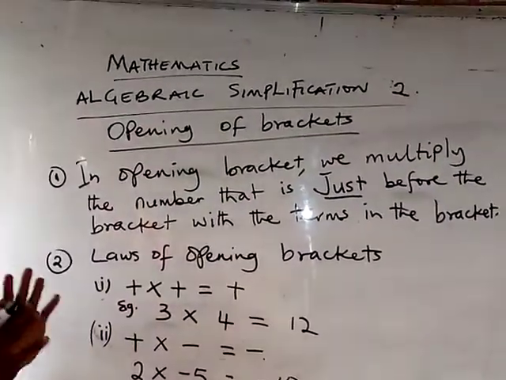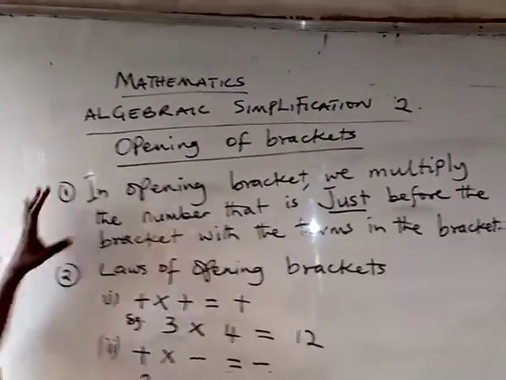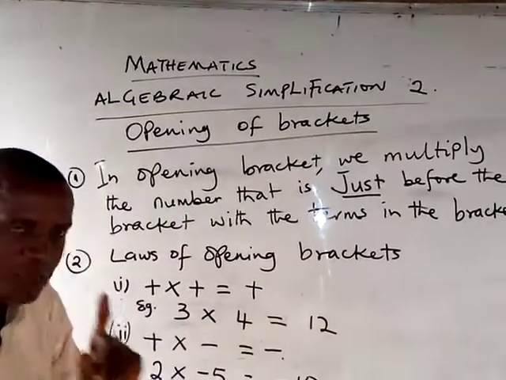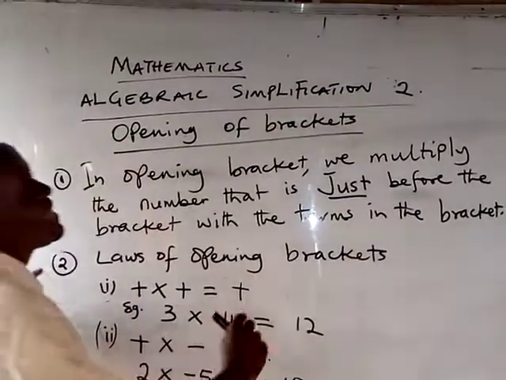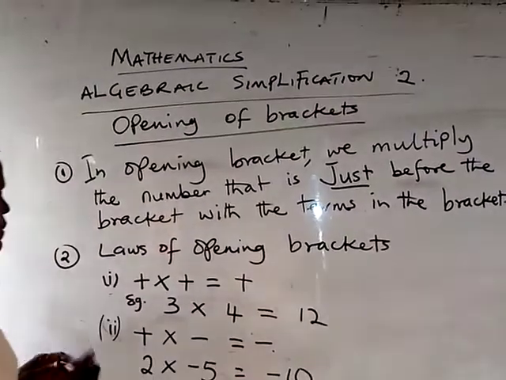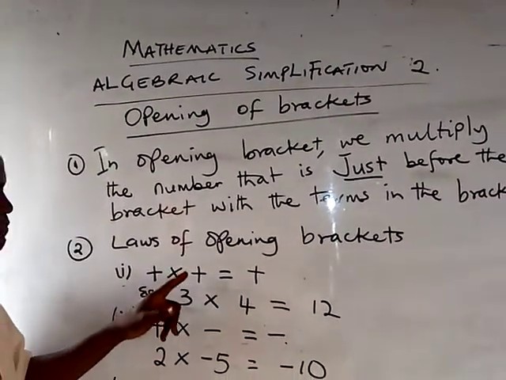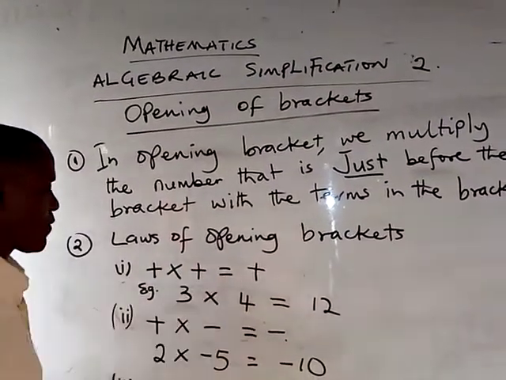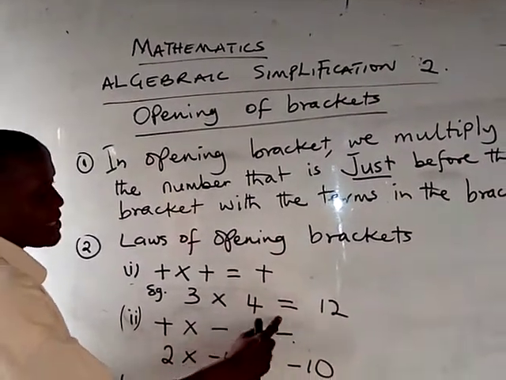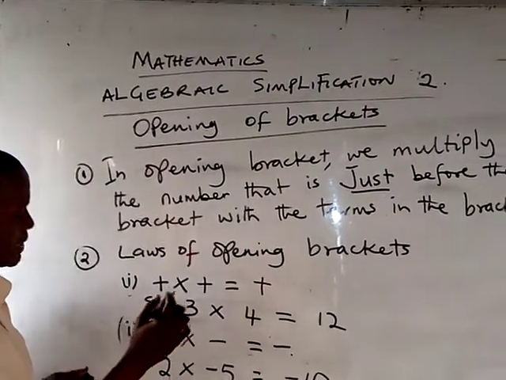Now, don't forget, the first one is that in opening the bracket, we multiply the number that is just before the bracket with the terms in the bracket. And the number two law says plus times plus is equal to plus. For example, when you say 3 times 4 is equal to 12, this 3 is a positive number.